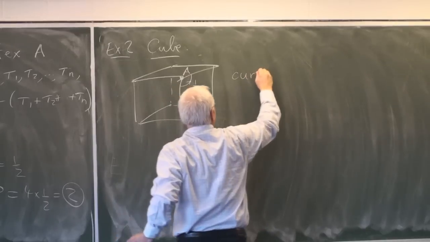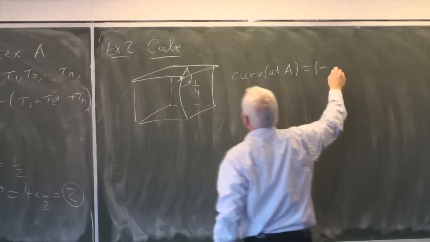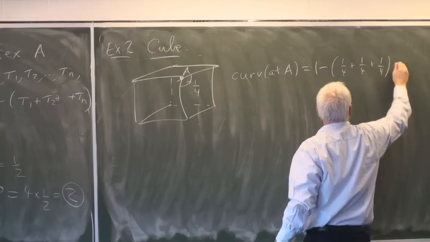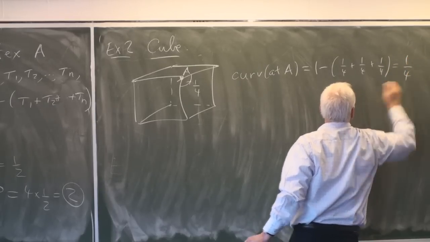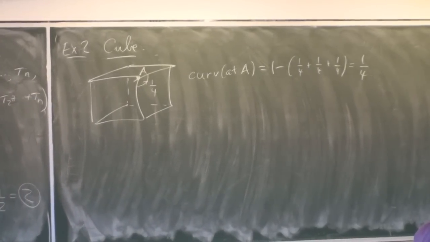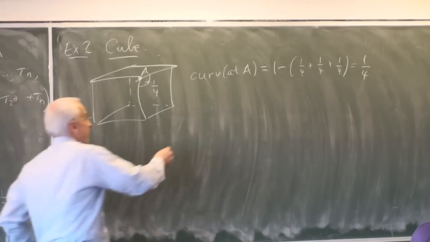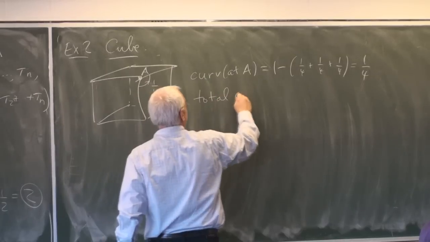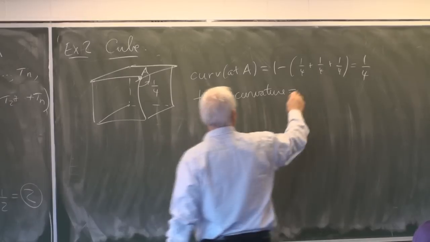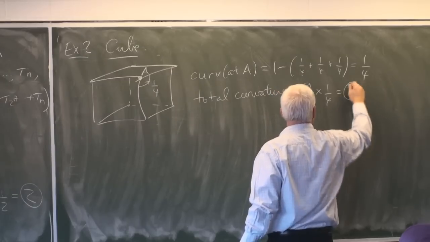So the curvature, say at A, equals 1 minus, well, there are 3 of them, so 1/4 plus 1/4 plus 1/4. That's a total of 1/4. And the total curvature is, well, there are 8 vertices, so 8 times 1/4 is 2.